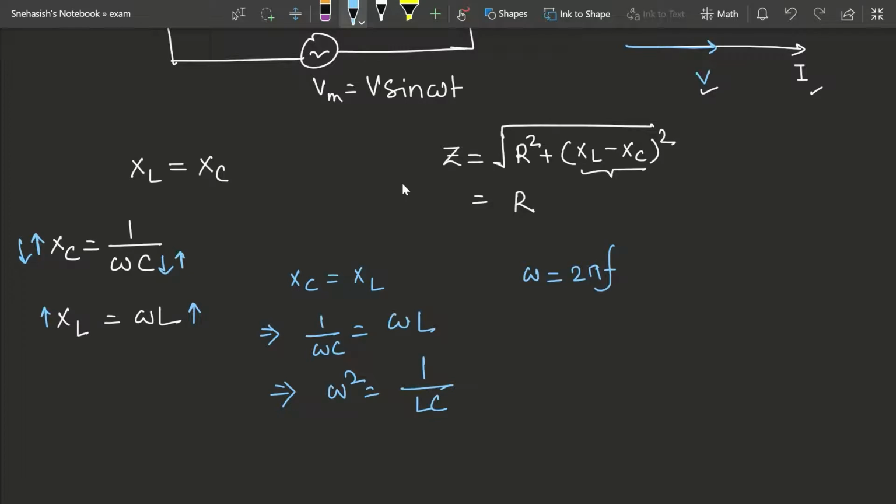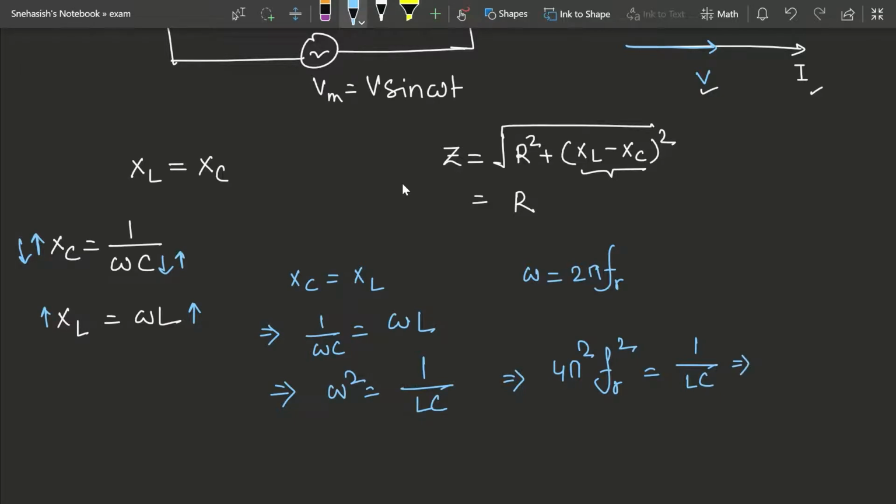Now as we are studying resonance, the frequency will also be the resonating frequency or resonance frequency. Now we can clearly do like this, that 4 pi square FR square LC equals 1.